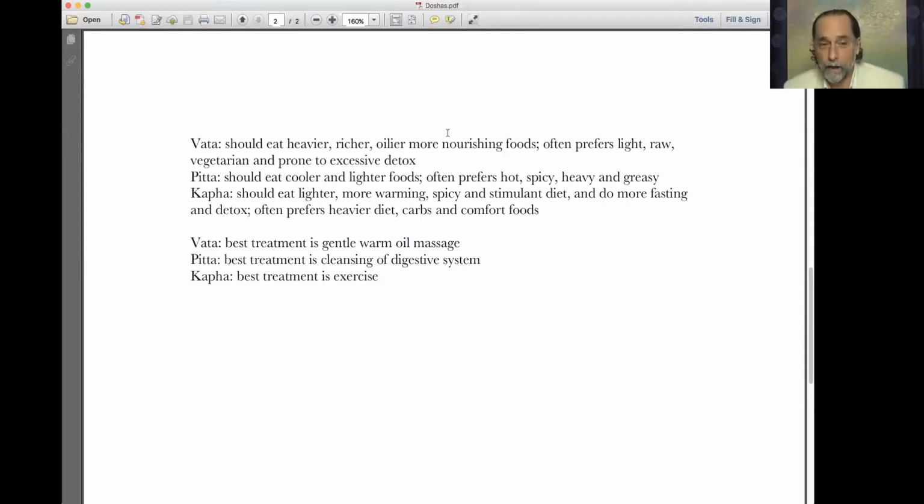On the other hand, Kapha people should be eating much lighter, and they should be eating more warming, spicy, stimulant diet and do more fasting and more cleansing. But Kapha people are also the ones that just love the comfort food, and they are the least inclined to do the detox. Now, this is a little bit of a stereotype, but there is truth to it. And Pitta people, they should be eating cooler, lighter foods, but they really like the hot, spicy, heavy, greasy, delicious stuff. So this is just for your consideration.